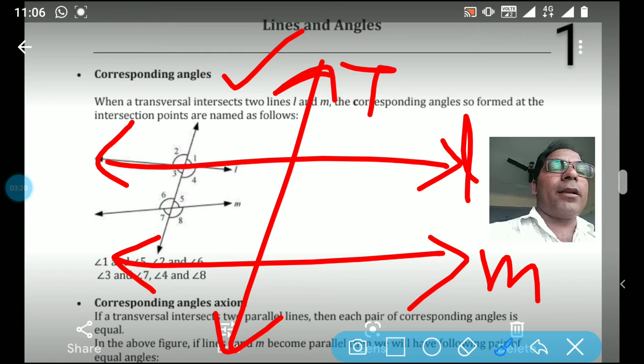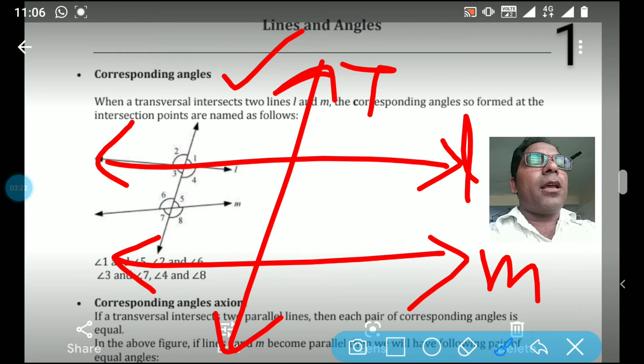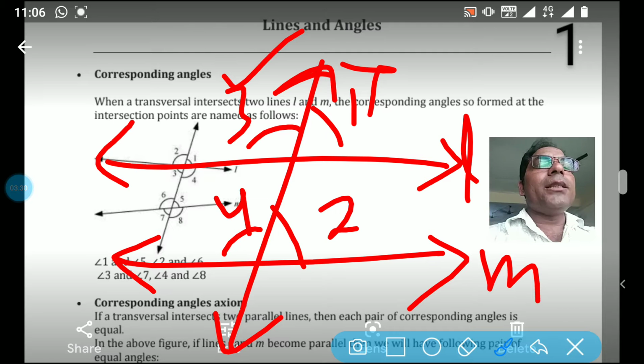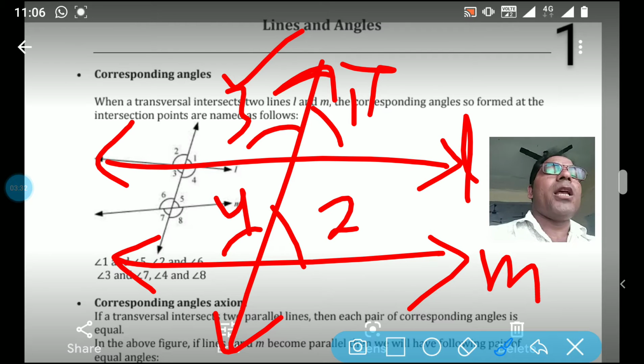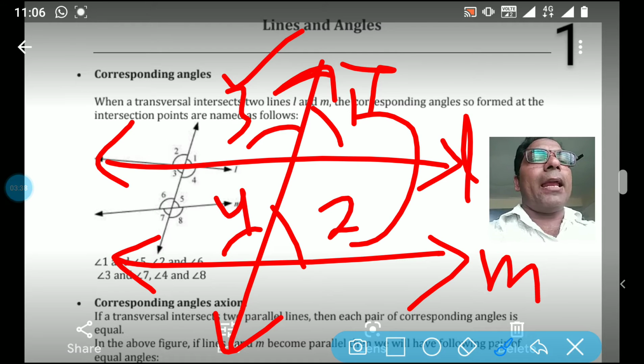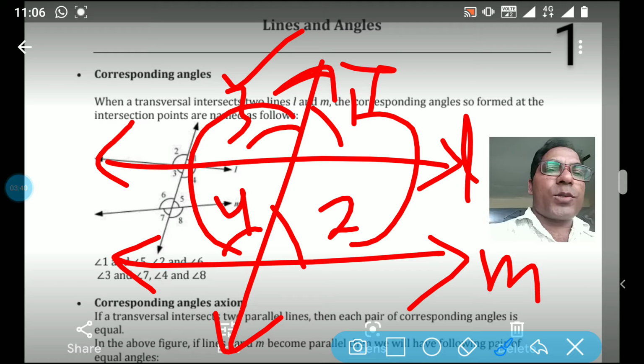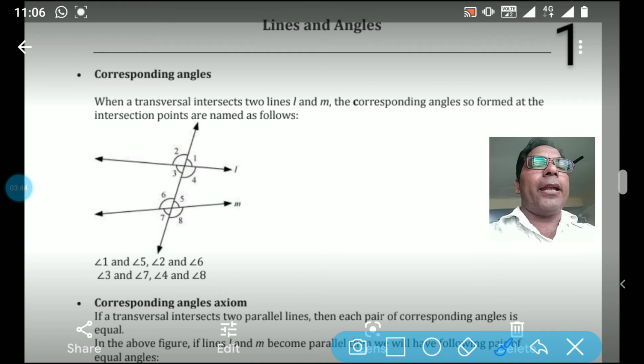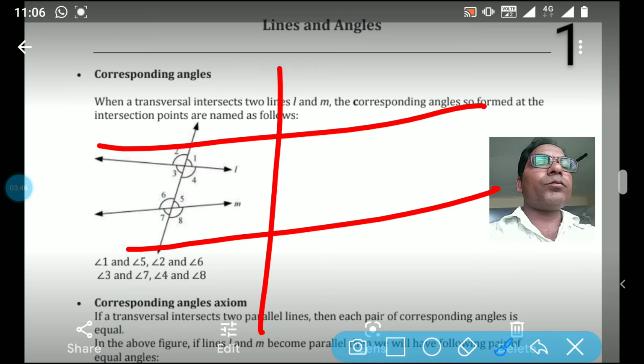So here T is a transversal line, and when it is making some angles, on one side you can give the angles 1, 2, 3 and 4. These are corresponding angles. Same side angles are called corresponding angles. Angle 1 and angle 2 are corresponding angles, angle 3 and angle 4 are corresponding angles. In the same way you can write in the downward direction also.